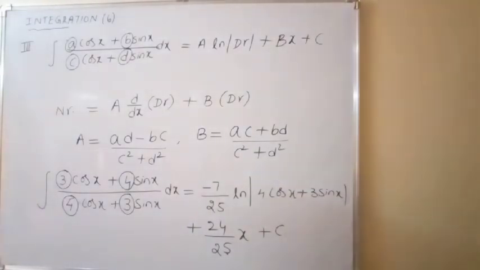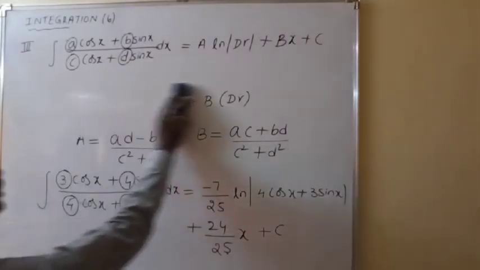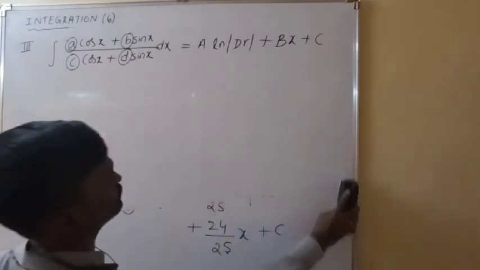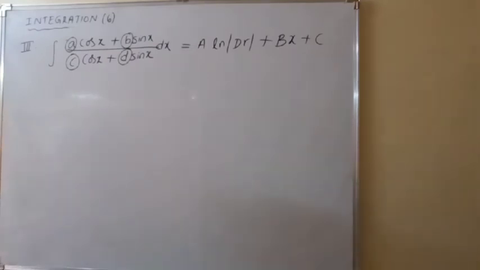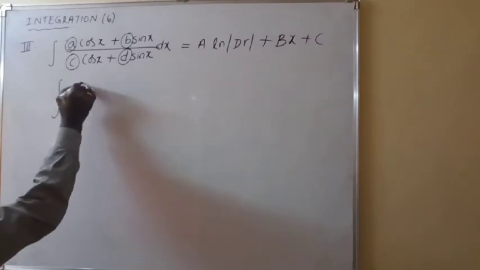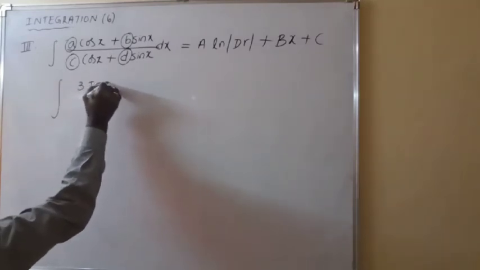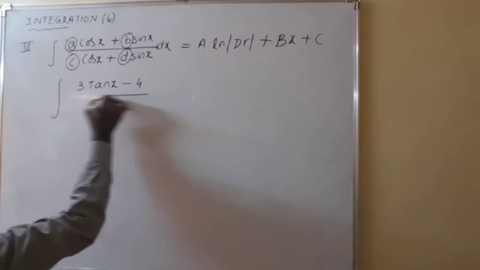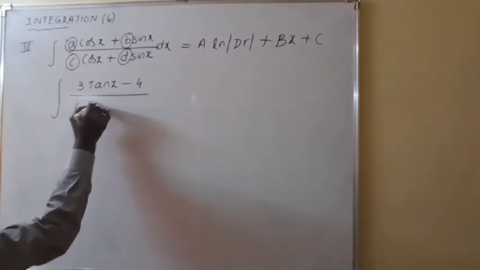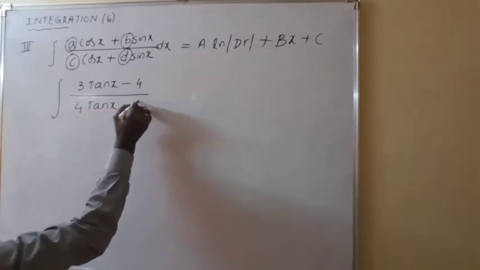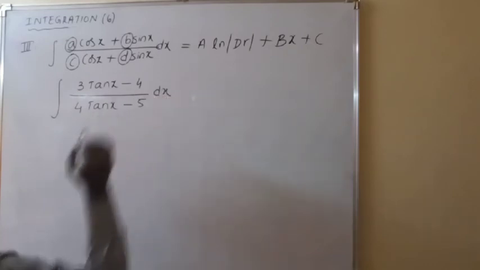Okay. So look at one more problem, same model. Integral of 3 tan x minus 4 divided by 4 tan x minus 5 into dx.